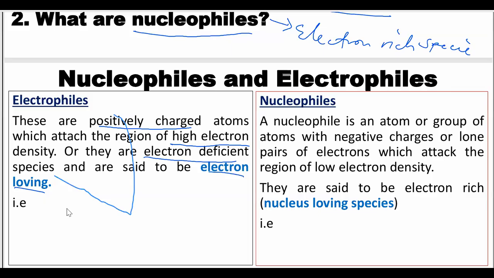Like which one? Zinc. He's saying zinc. Okay. We are saying that the positively charged atoms attach the region of high electron density. Who is that one who was telling us?